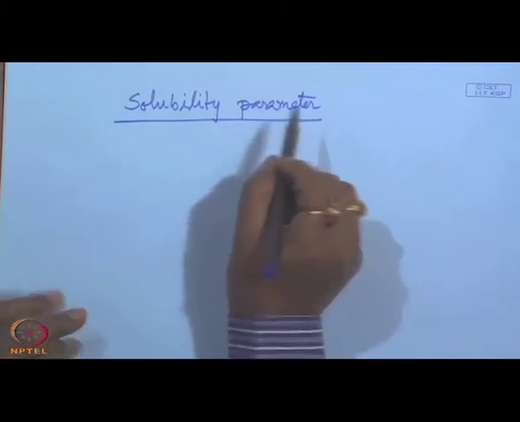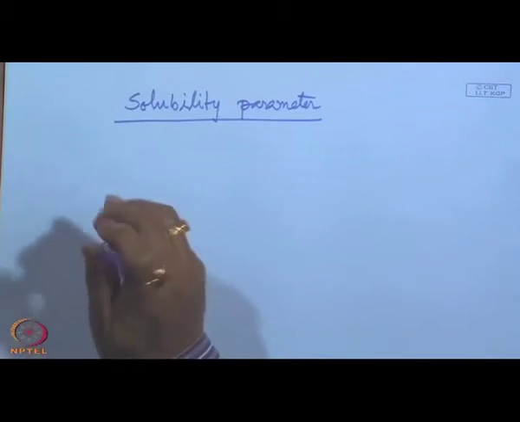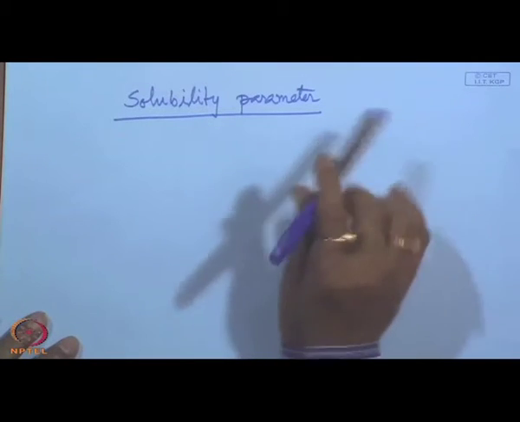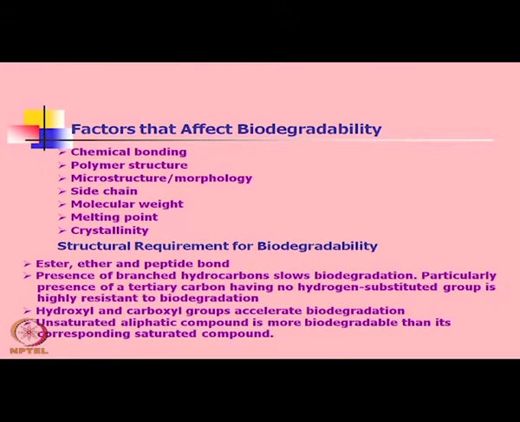So, these are all correlated. The solubility parameter can also give some hints about the effect of chemical bonding on solubility, on the strength of the polymer and their degradability, etc.